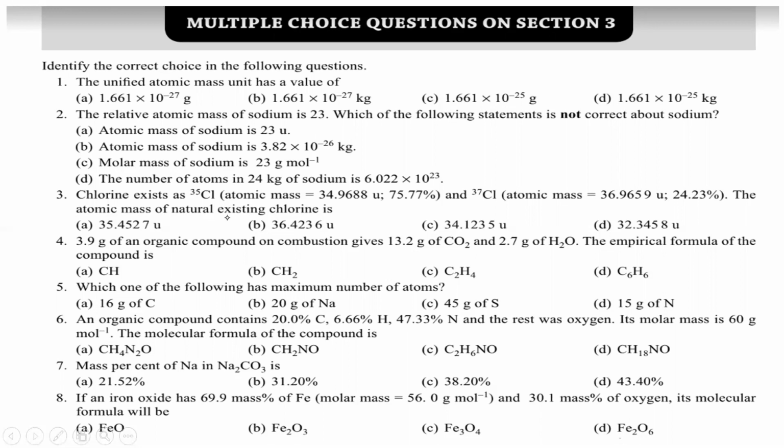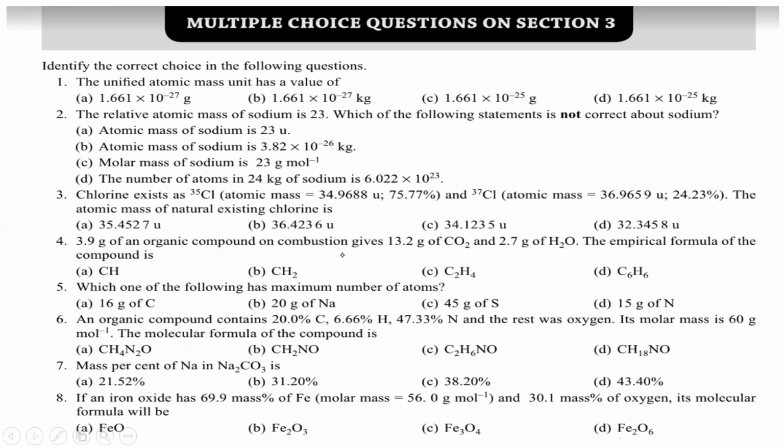Next, question number 4. 3.9 grams of an organic compound on combustion gives 13.2 grams of carbon dioxide and 2.7 grams of water. How to find the empirical formula? It is simple. The organic compound is a hydrocarbon, and we have to find its empirical formula.